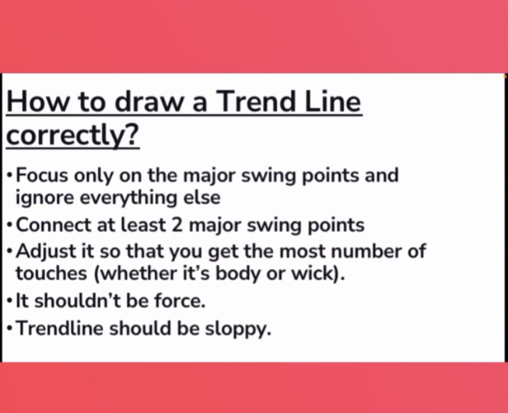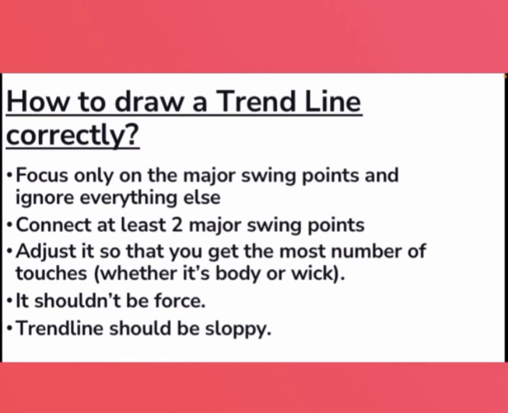But before we look at it pictorially, we need to understand one very important key. Before you can actually draw a correct and appropriate trend line, you need to keep this key point in the back of your mind. First and foremost, focus only on the major swing points and ignore everything else.